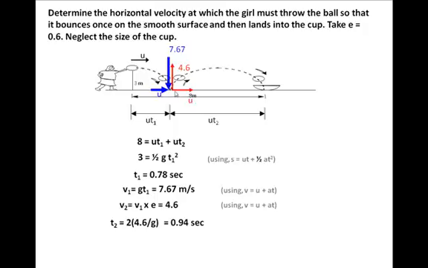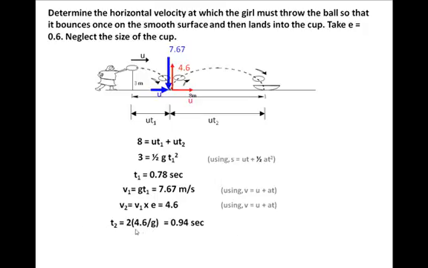Now, if you work out the total time of flight, that will be twice the time it takes to go up. And the time it takes to go up will be velocity 4.6 divided by g. It follows again from our basic equations.